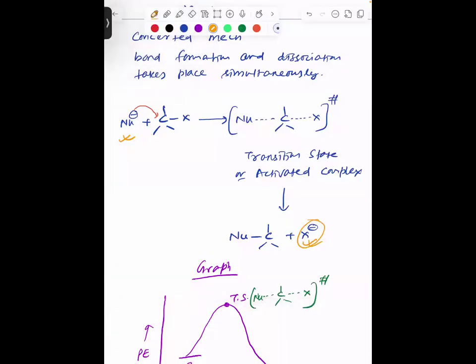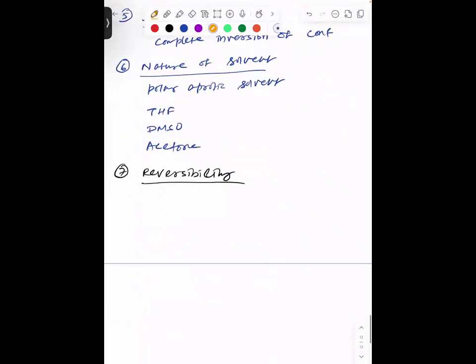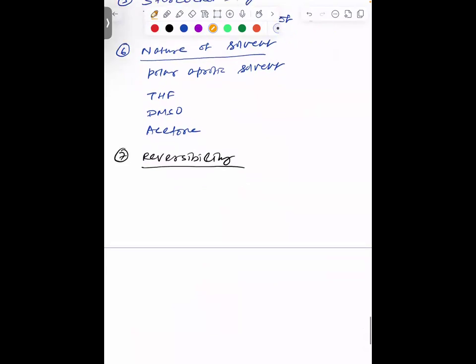Let me write the last topic, reversibility. Note down: the leaving group released is also a potential nucleophile.